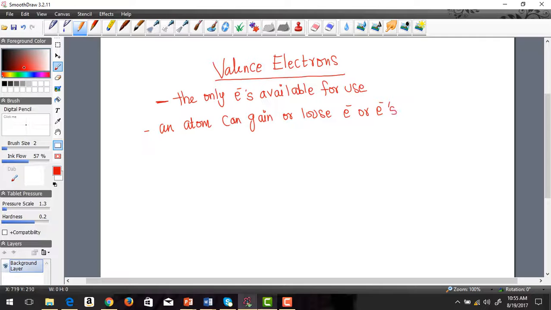Now let me stop here for a second and explain something. Even though an atom might gain or lose electrons, plural, it happens in a systematic way. It doesn't mean that if an atom can lose 4 electrons, it loses all 4 in one go. It loses one at a time.